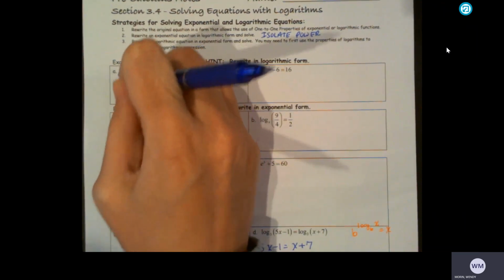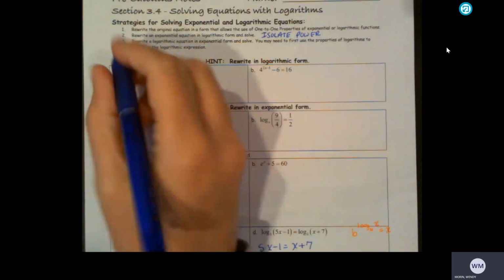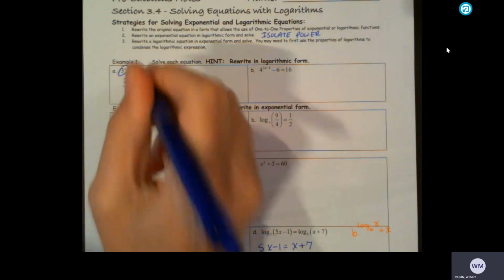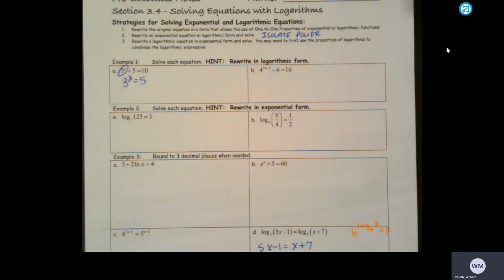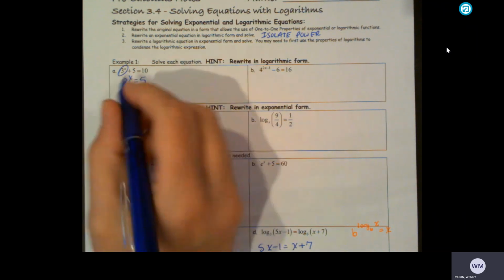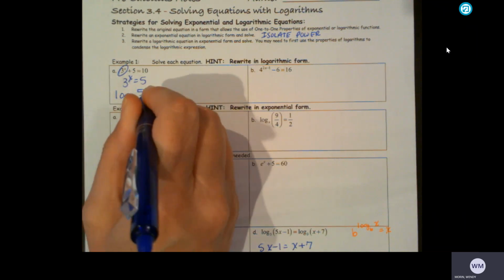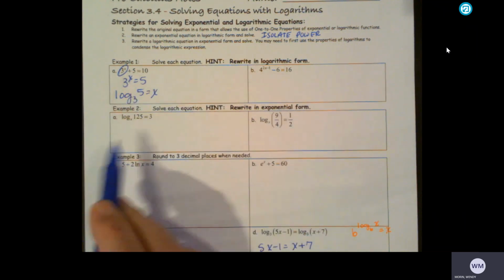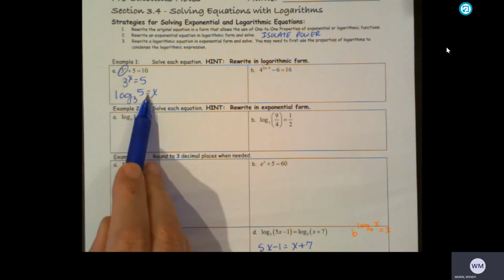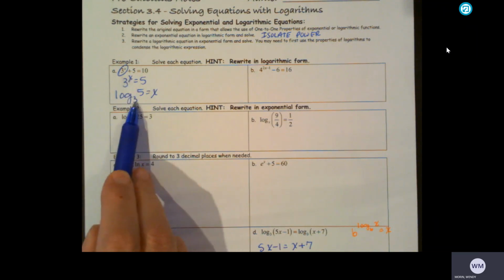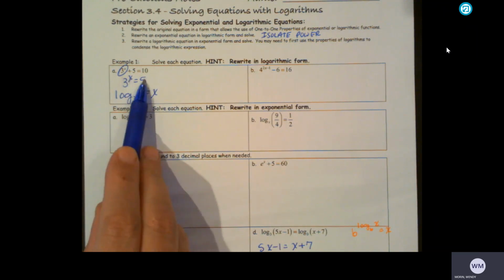It's not 3x, it's 3 raised to the x, equals 5. Now we can change it to log form, and we've done that quite a bit, so hopefully log of 5 base 3 is equal to x. A log is equal to the exponent to which you raise the base to equal that number.